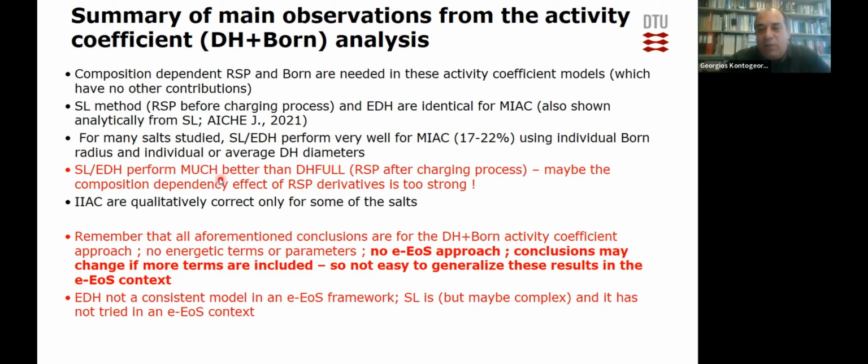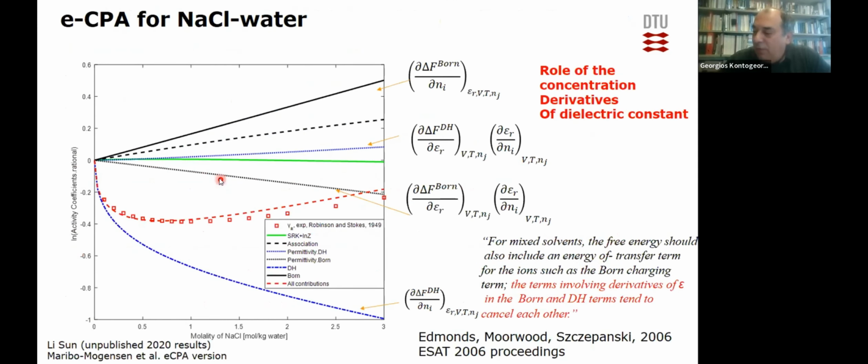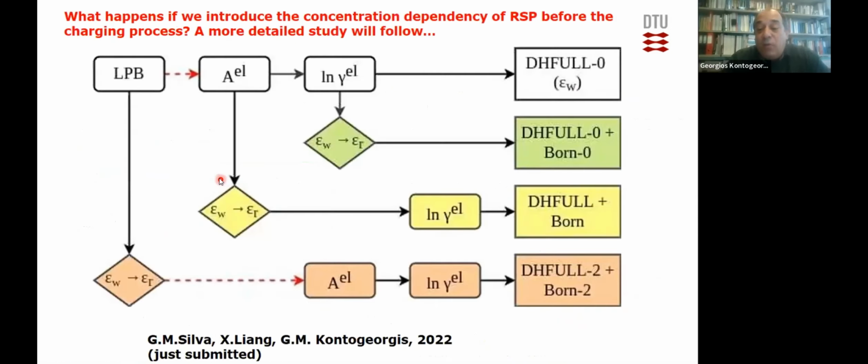And this is also something that we have seen from a study with electrolytes CPI. I'm taking the time a little bit, so I think I will skip this. But that was actually something that made us realize that we need to study that in very much detail. We need to compare where is the correct place to put the composition dependency of the relative permittivity, before or after the charging process.